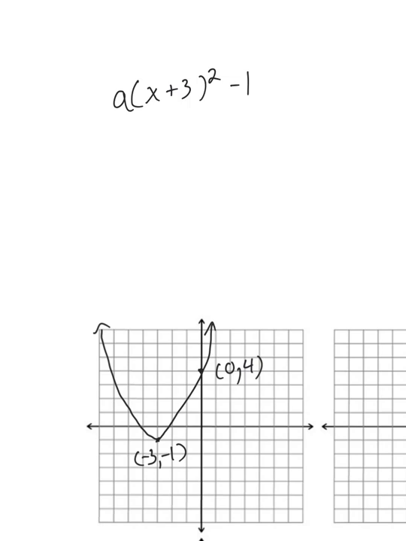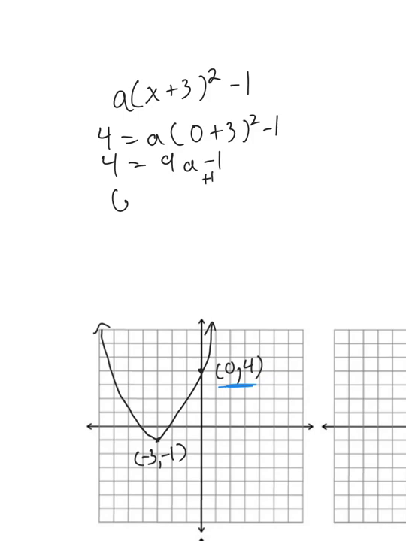To do that, we're just going to use our point 0, 4 and plug that into our equation. So 4 equals a times (0 plus 3) squared minus 1.